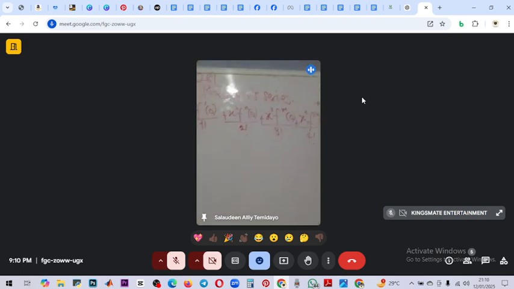So this is the Maclaurin's theorem, and we're using this theorem for the function sine x.